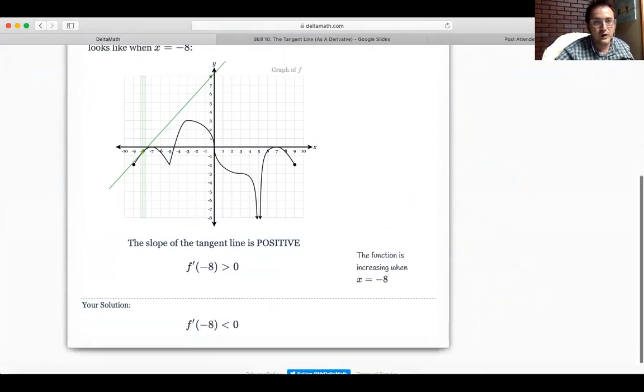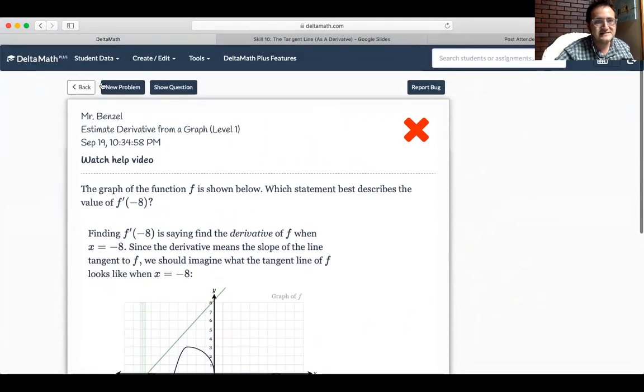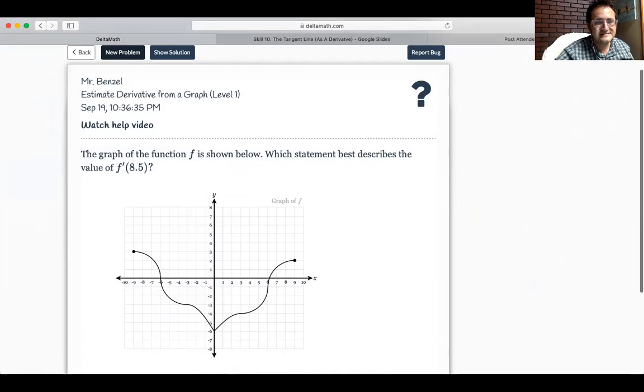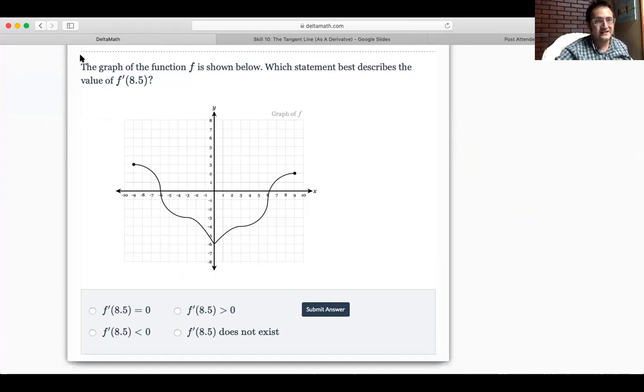And we'll just do one more. If we do positive 8.5, I'm going to go to 8.5 on my x-axis, go up, draw in that tangent line, and it is ever so slightly positive.